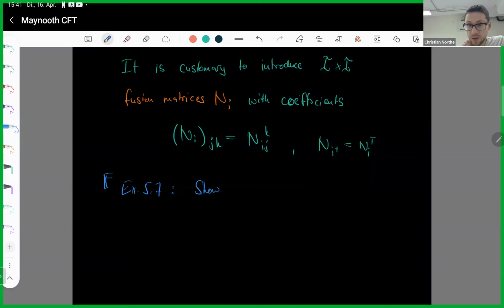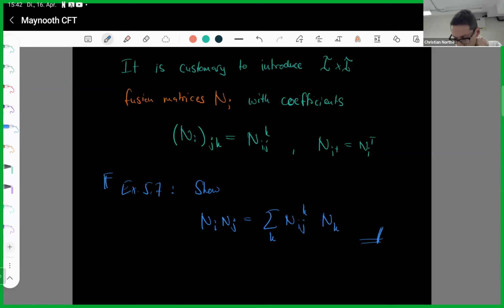Show that you can take these fusion matrices, Ni and A and J, and they themselves, we say that they furnish a representation of the fusion algebra, Nk. And the exercise is to show this.